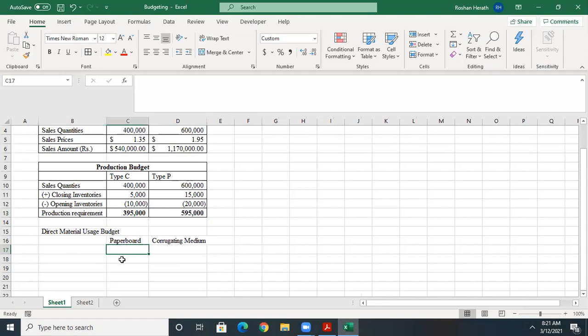It's about the production requirement for type C and type P. Then let us take those two materials here. How about type C? And how about type P?